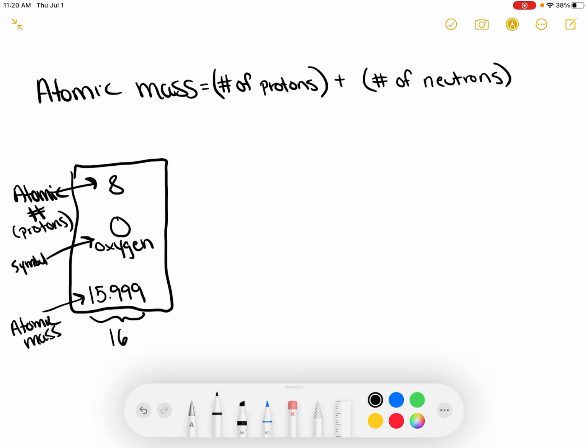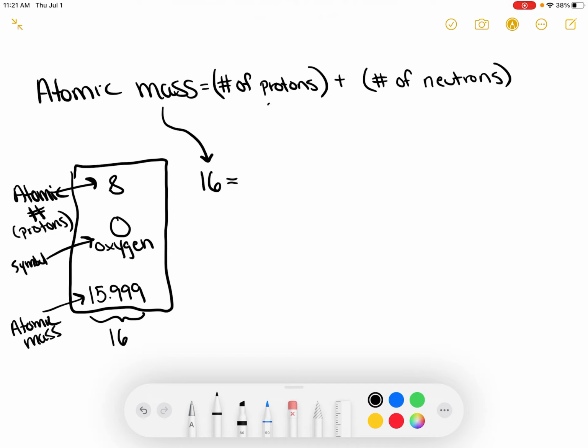Now, as you can see, we're given the atomic number, which represents the number of protons, and we're given the atomic mass, which is used in this equation. So we have 2 of the 3 things in that equation. Therefore, we can plug in those 2 things and get our third thing, which is the number of neutrons. Let me show how this works. We're given an atomic mass of 16.